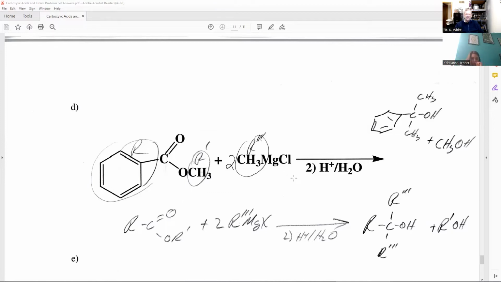And if we look here, what's R? It's attached to the carbonyl carbon, so it will still be attached to the carbon with the hydroxyl group. What's R triple prime, methyl? And so on that same carbon with the hydroxyl group, you get not 1, but 2 R groups.